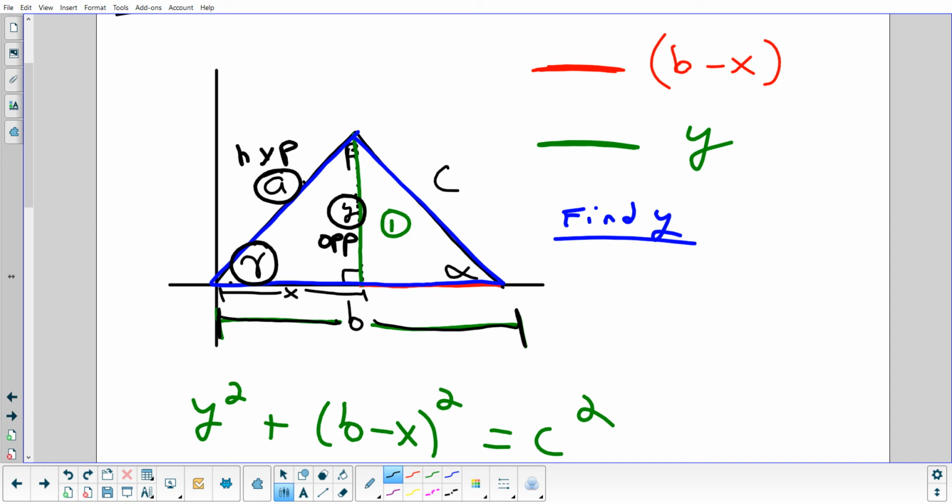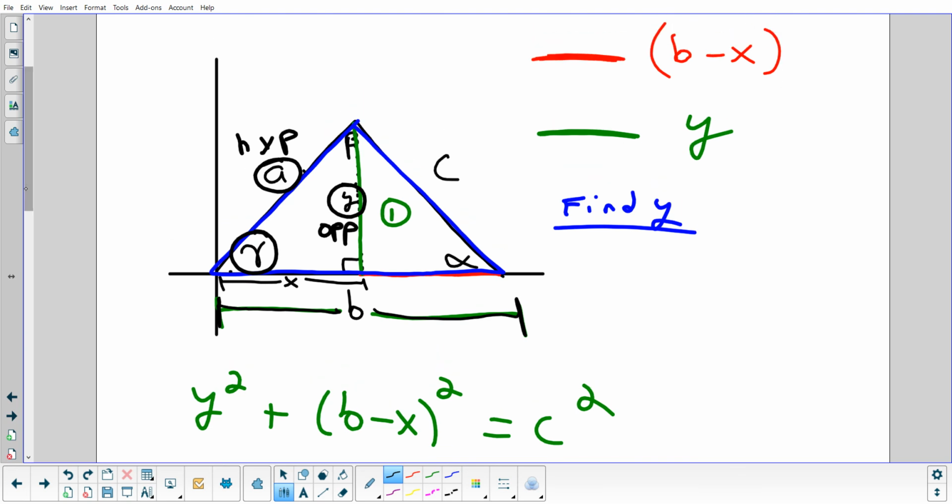What two trig functions involve opposite and hypotenuse? Sine. So to find a relationship between the three things that are circled, we're going to use sine. We are going to use cosine in a minute, but that's going to be for x, and we're going to do y first. You could do x first.